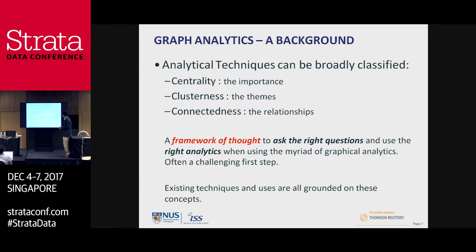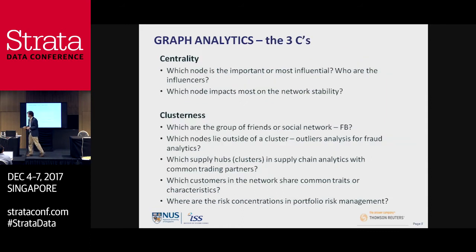Okay. This is often a challenging first step, but having a framework of thought will help a lot. What questions do you ask with regard to centrality? You can ask, which node is the most important, the most influential? Who are the influencers?